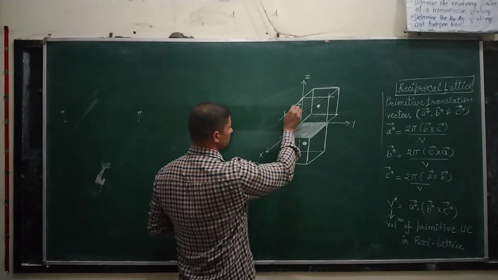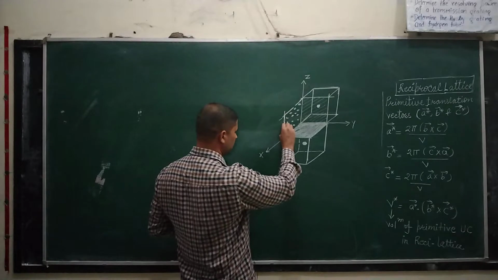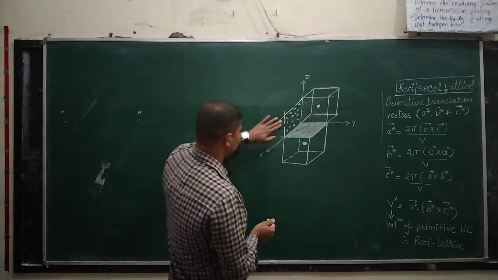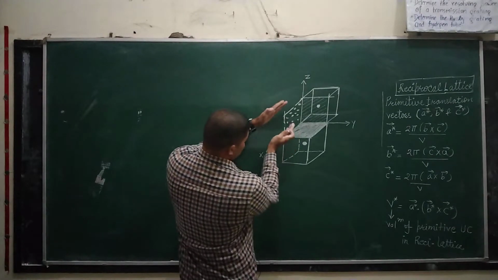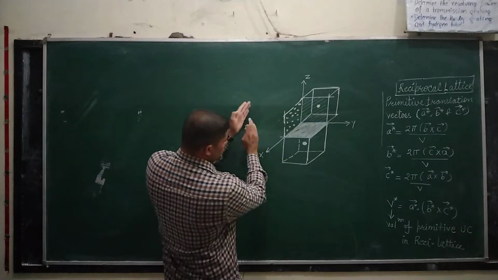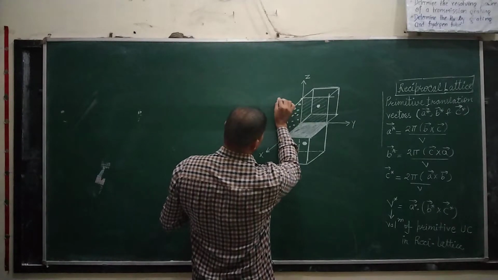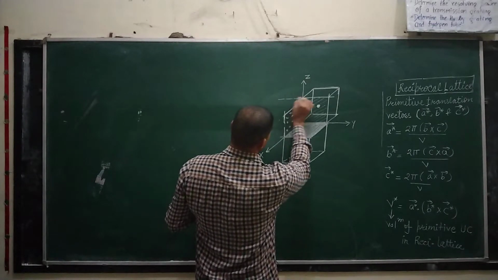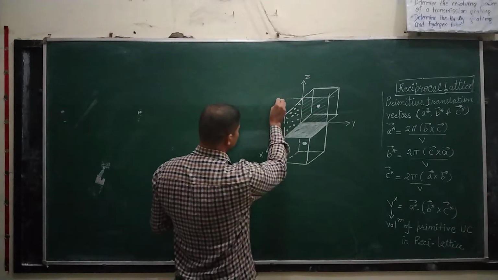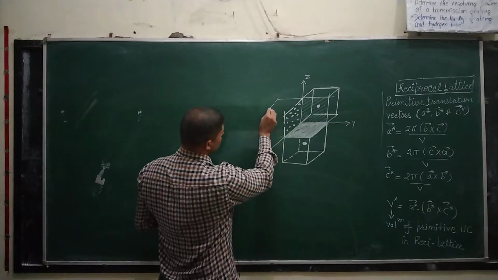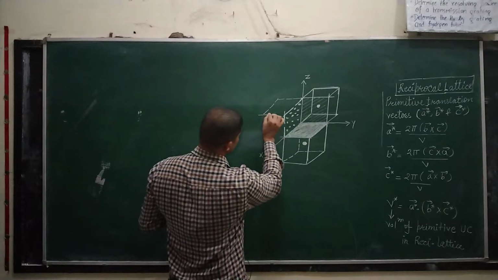I am making it dotted so that you can have an idea in a better way. So I will now make a cube behind this face, and we are to make it dotted.